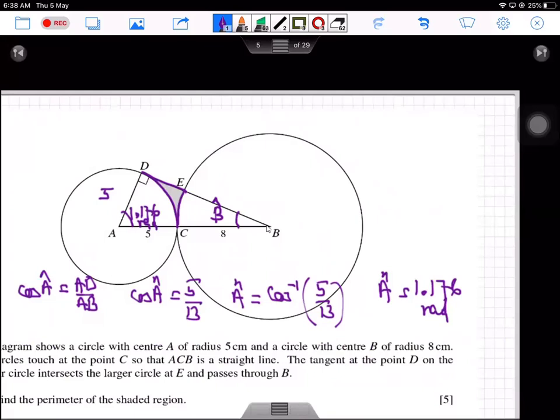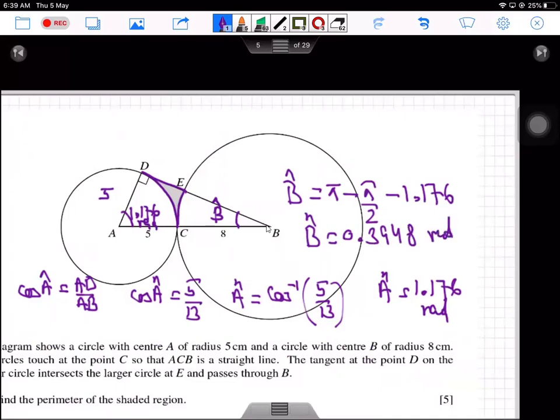So to find angle B, we can do pi minus pi over 2, instead of 90 degrees, minus 1.176 radians. So pi minus pi over 2 minus 1.176 gives 0.3948. Yes, angle B would be 0.3948 radians.